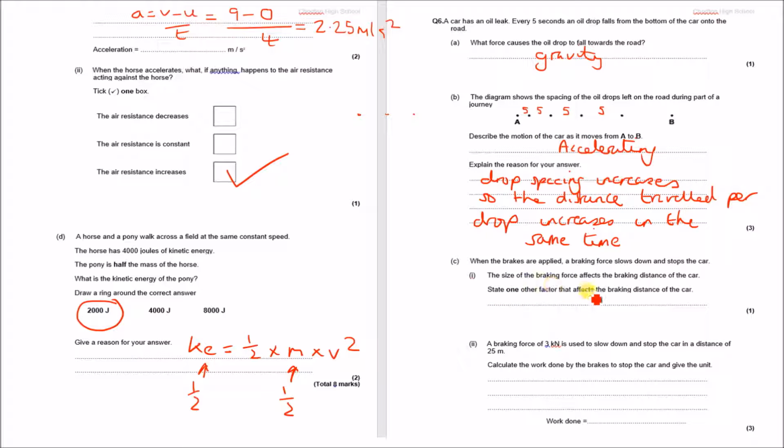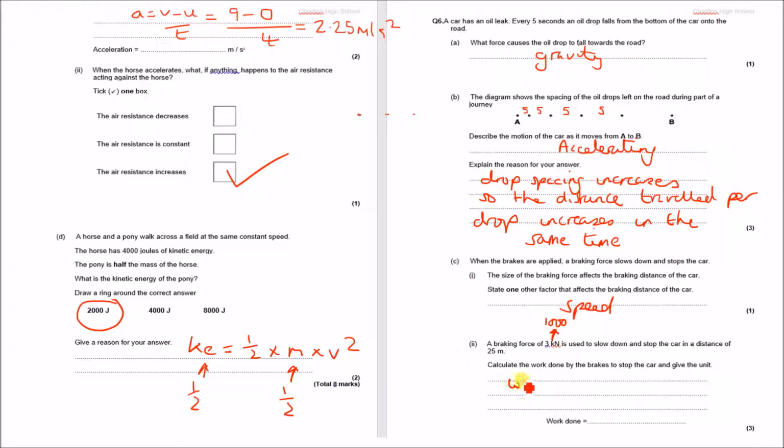Okay, the size of the braking force affects the braking distance of the car. State one other factor that affects the braking distance of the car. Well, that could be the speed. A braking force of 3 kilonewtons. Remember, kilo means 1,000 times bigger, so it's 3,000 newtons is used to slow down and stop the car in a distance of 25 meters.